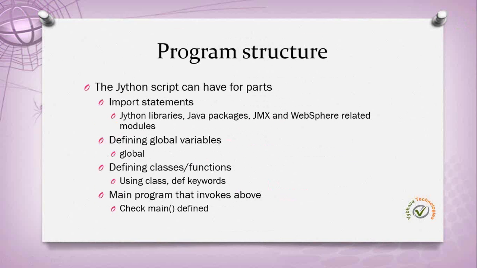Okay, so the program structure looks like this. In any other language, if you see a C program or Java program, the import statement, in a Java program also we write importing packages, but here in Jython it is more specific to JMX, management extensions. In a Java program, you are going to say import java.lang.star, import java.io.star, for input output operations or some other package.